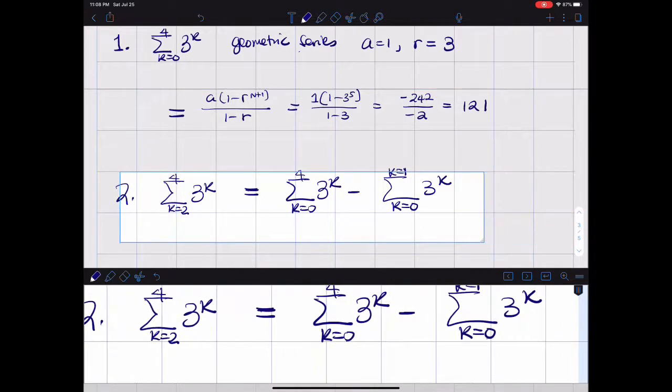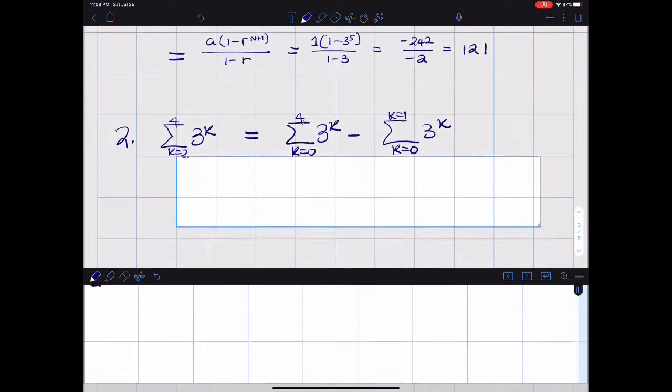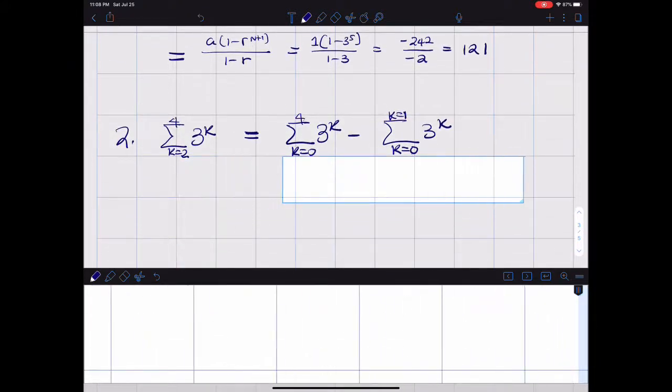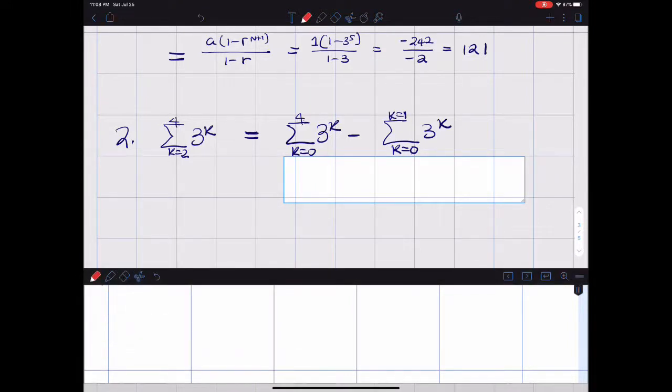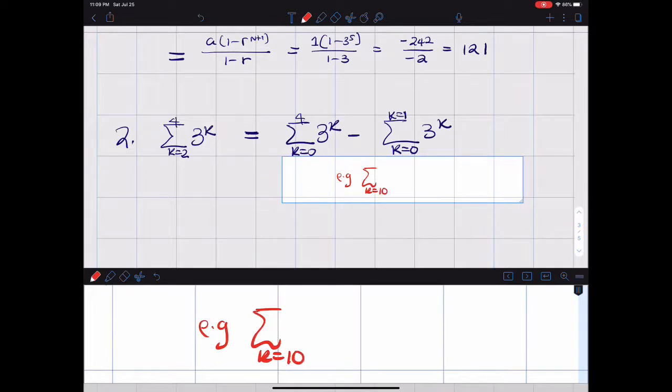So let's do a little exercise by the side in red. Assuming we want k from, say, 10 to 35.